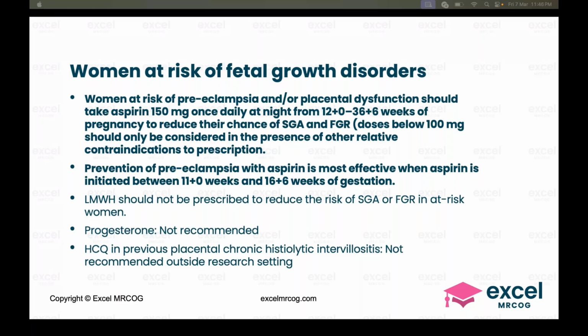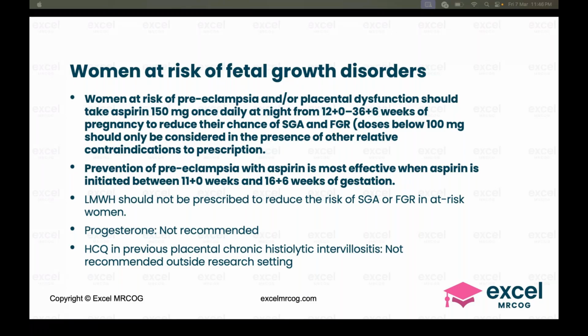Now, NICE guidelines mention 75 to 150. The GTG mentions 150 milligram once daily at night from 12 weeks to 36 weeks of pregnancy to reduce their chance of SGA and FGR. Doses below 100 should only be considered in the presence of other relative contraindications to aspirin.